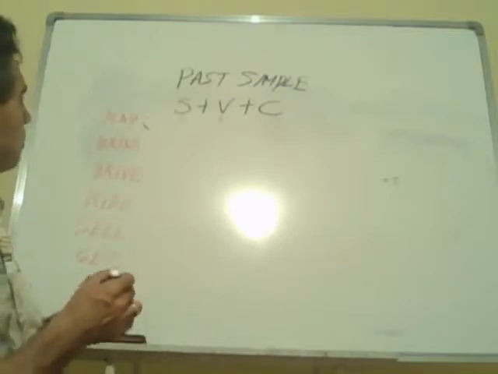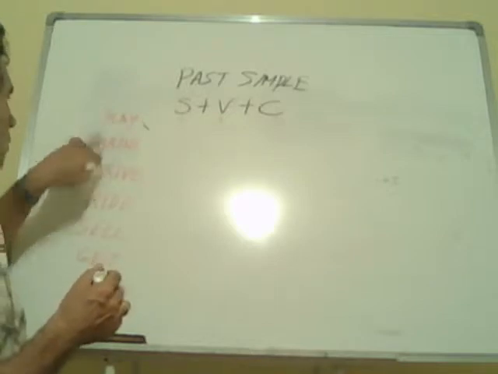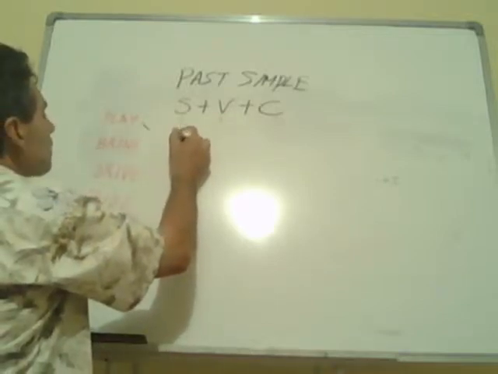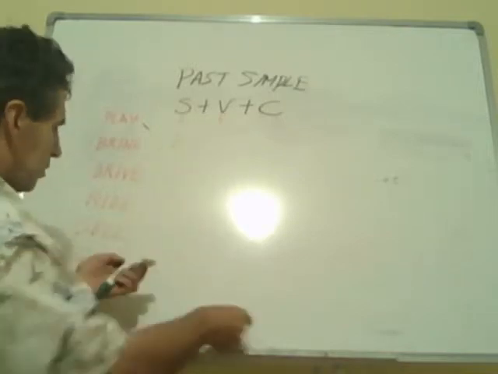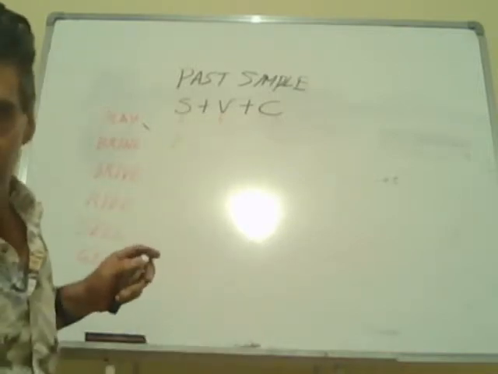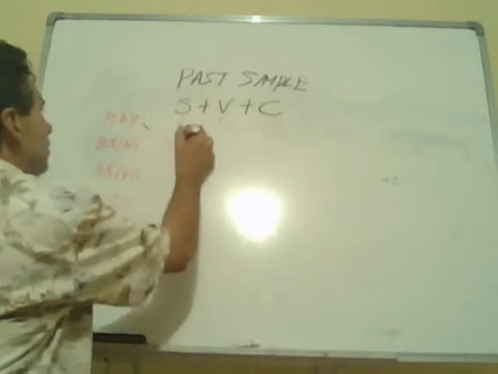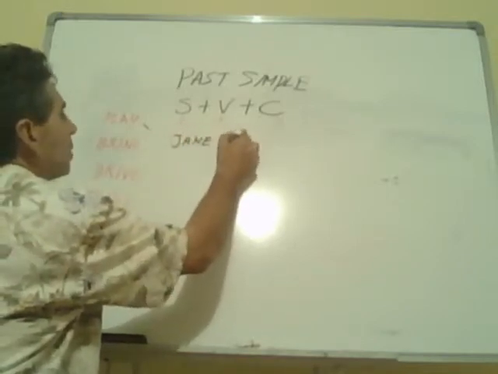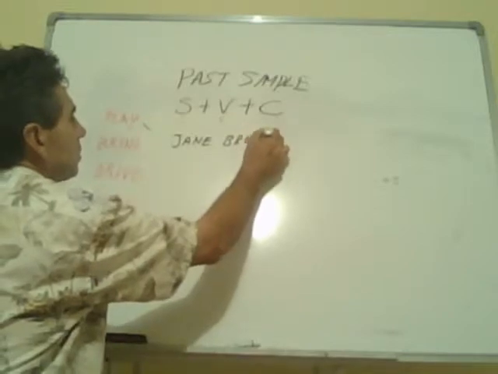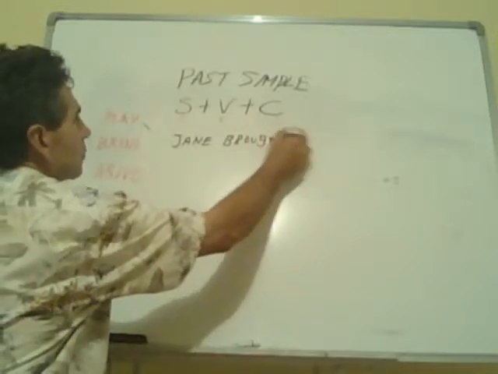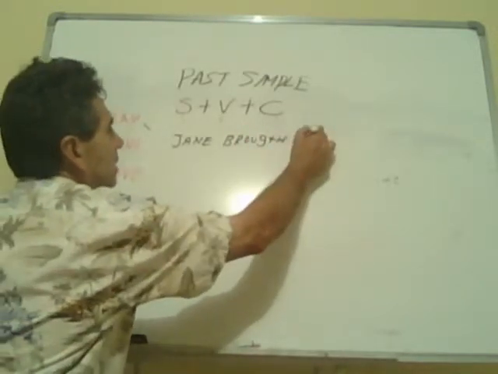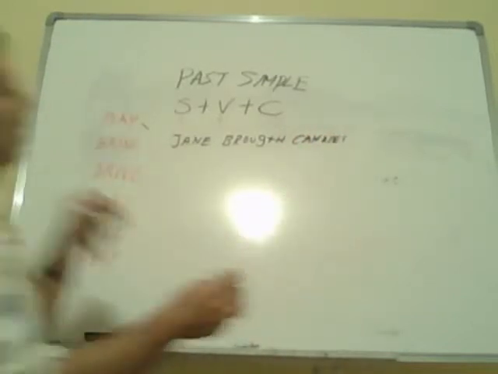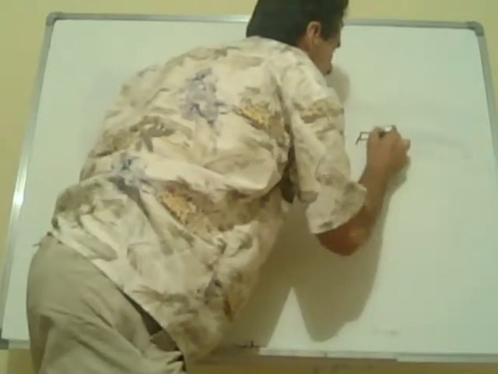I'm going to explain to you how this one works, right? So for instance, Jane, this one doesn't really work. The other one right here. Jane brought candies from the store.